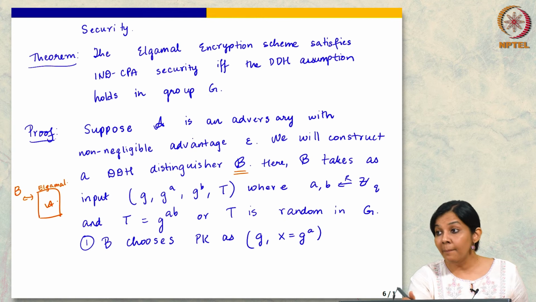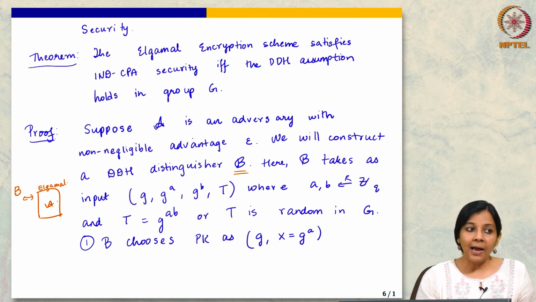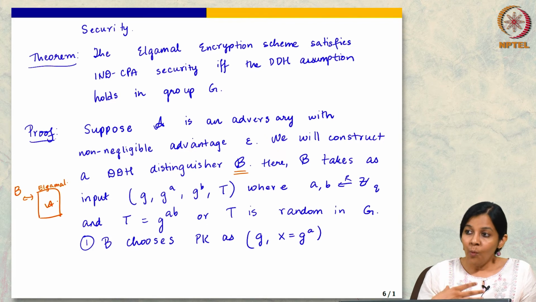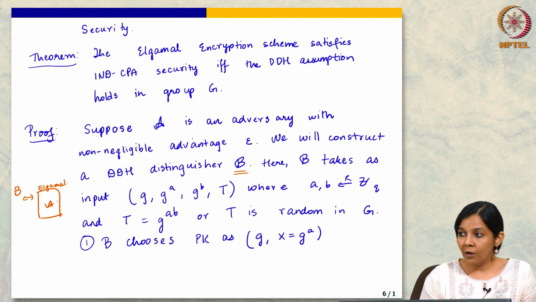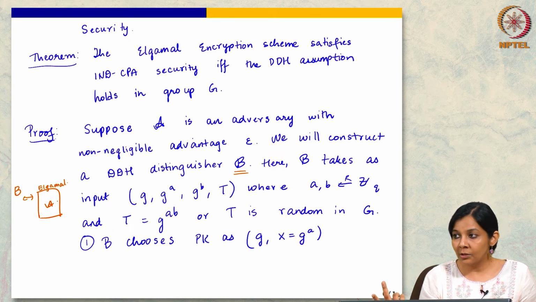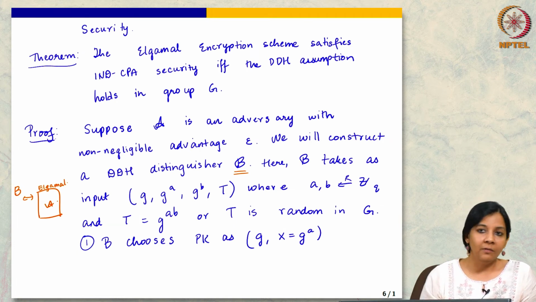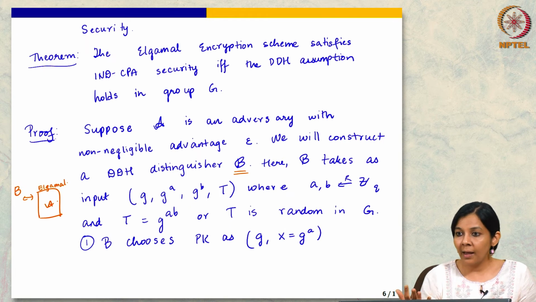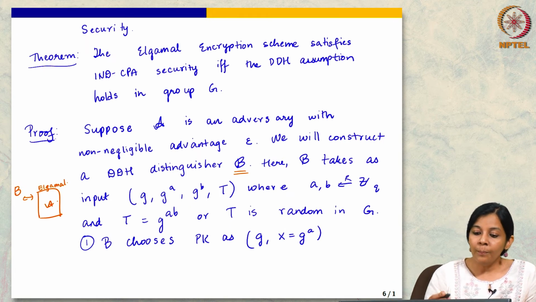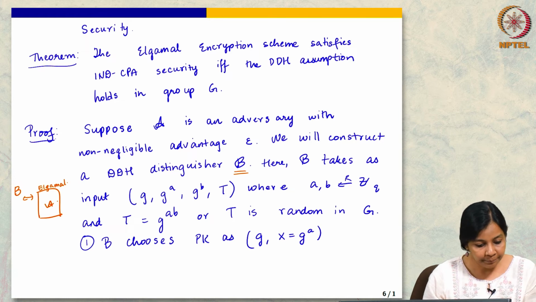But here B does not know the secret key, and this is crucial, because I want to use the attacker to solve a hard problem which I do not know how to solve otherwise. If I myself knew the secret key, then I could not use the attacker in any useful way. Does that make sense? I want to use the attacker to solve the DDH problem, so it better be the case that I do not already know the solution, that I cannot compute this discrete log. So B will choose this as the public key.